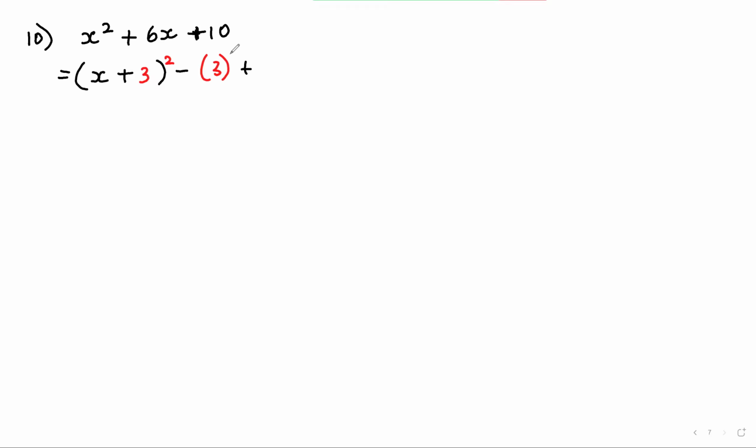Isabel, ready to do one? What about if I have x squared plus 6x plus 10? So we write open bracket x plus 3 squared, minus 3 squared plus 10.